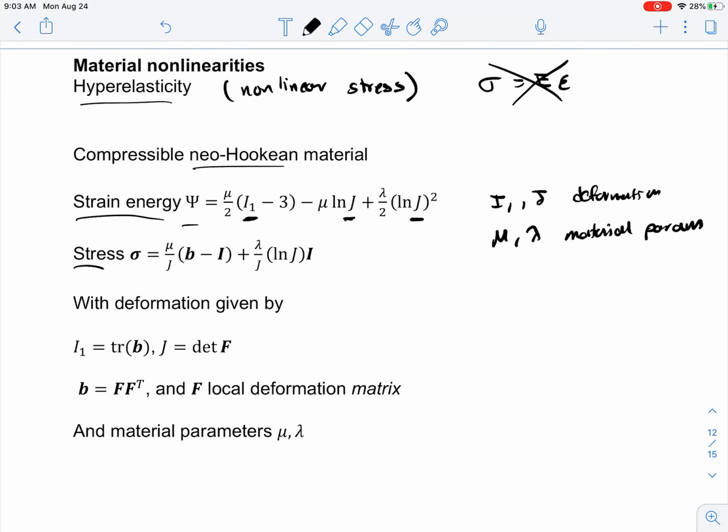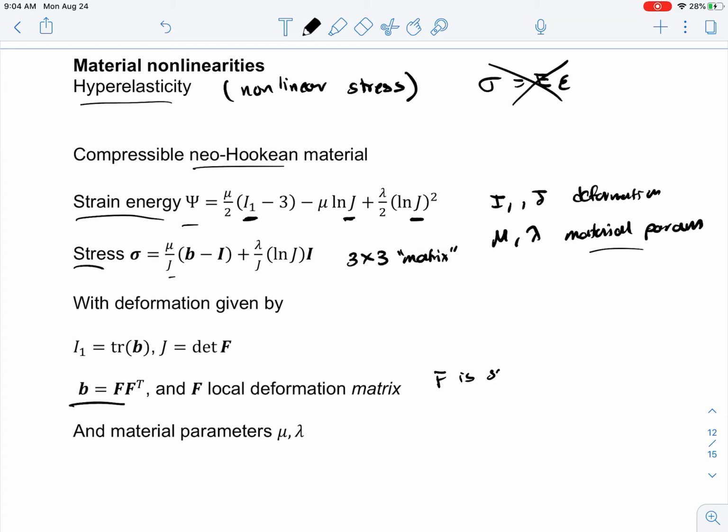Now the stress is a matrix. Well, it's a tensor, but let's simplify that and call it a matrix, where the mu and the lambda are still the parameters that I introduced before. The J is still related to the deformation, I is the identity, and B is this guy. This B is going to appear a lot later. For now, just believe me that B is F times F transpose, where F is a local deformation matrix.